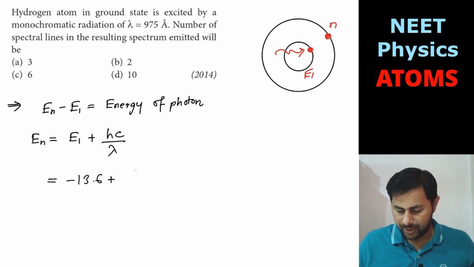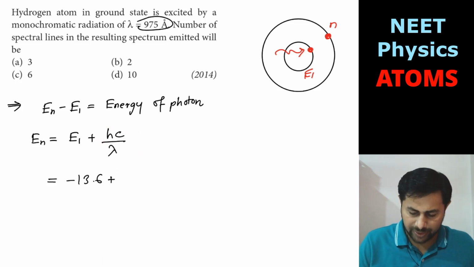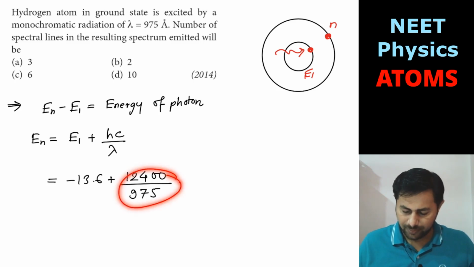Plus hc, which is given in nanometers, so let's write hc equals 12,400 electron volt nanometers divided by, you have 975, so nearly 1000.